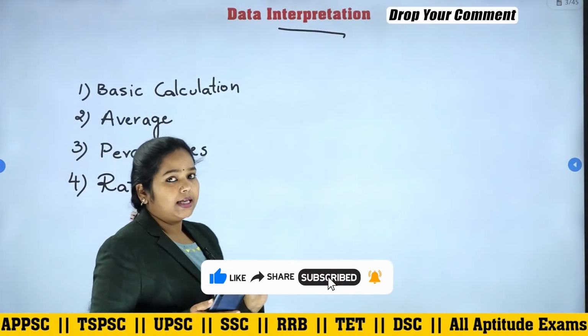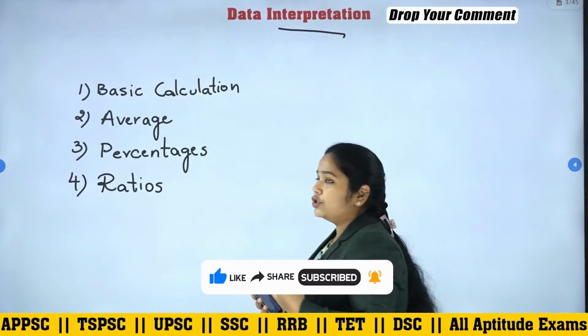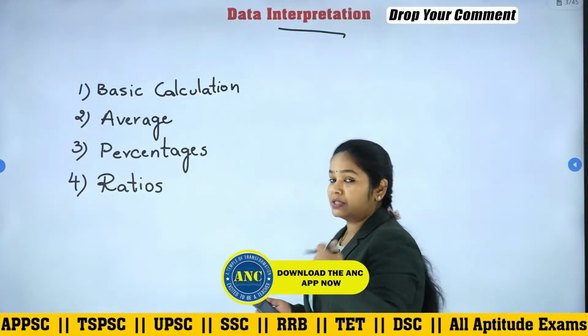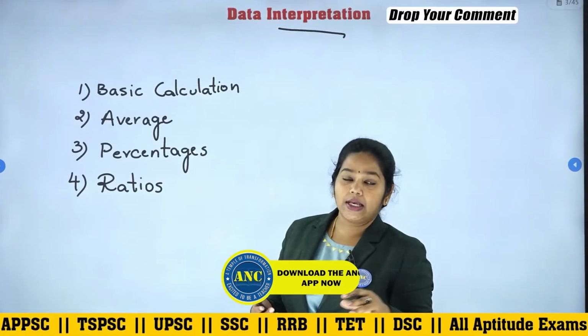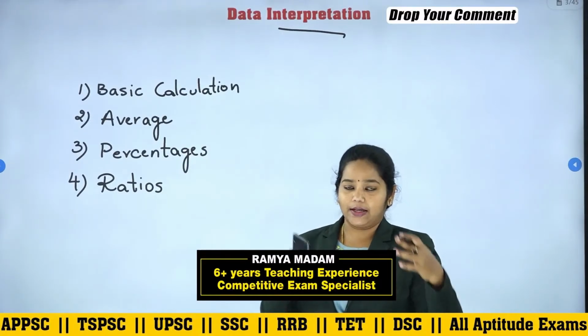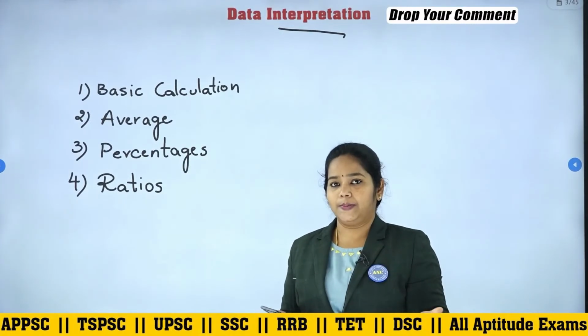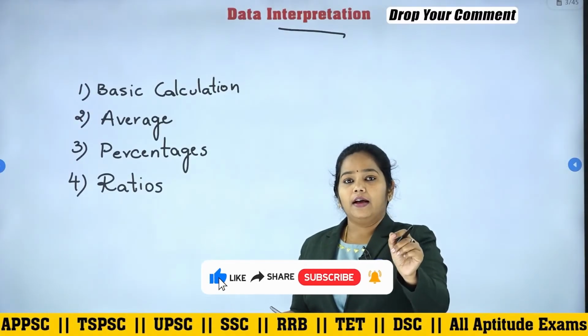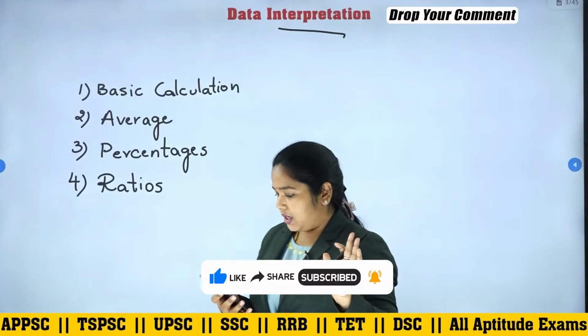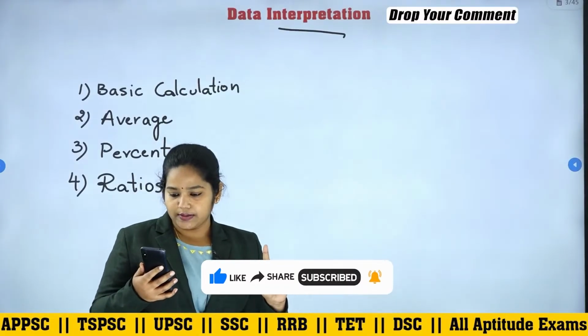So, if you are able to do all these things, if you are good at averages, percentages and ratios, and also some basic calculations like multiplication, division, summing up and subtraction, then things are very easy while doing data interpretation. Hope you are all getting my point.